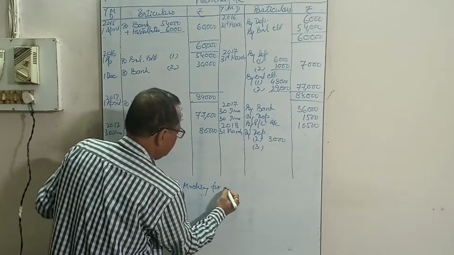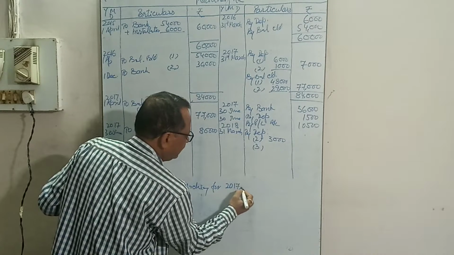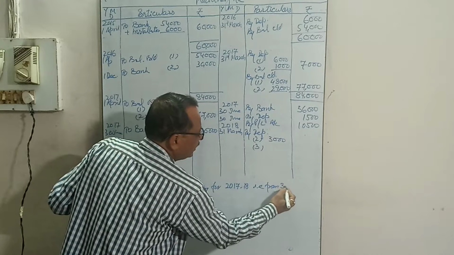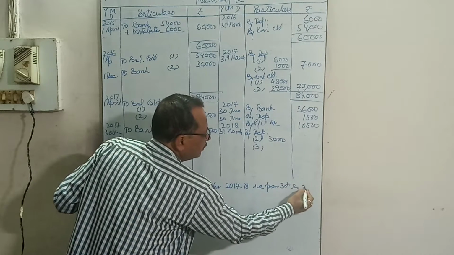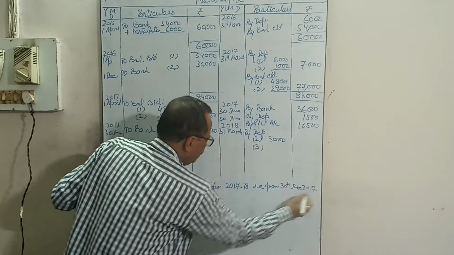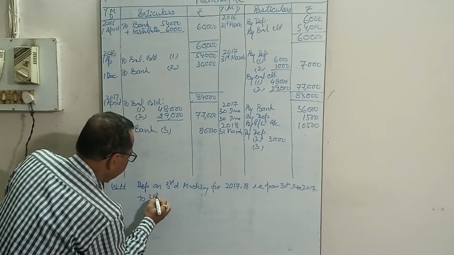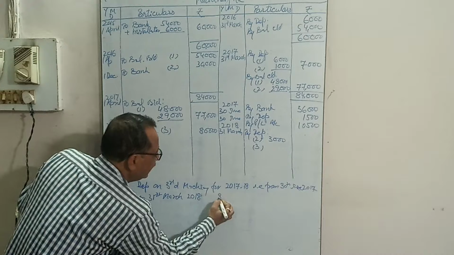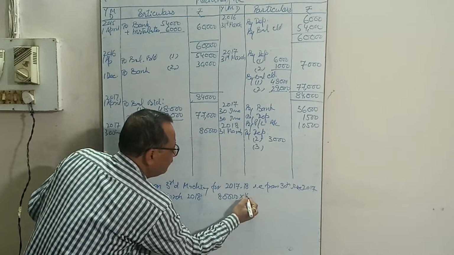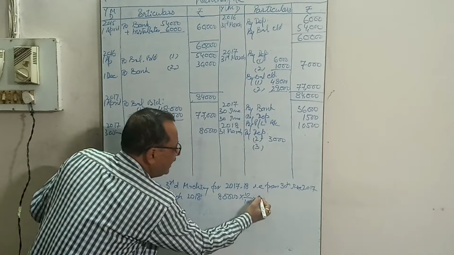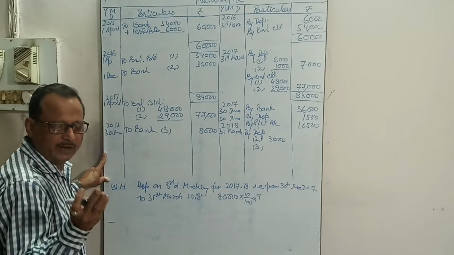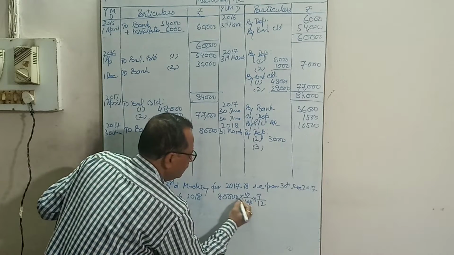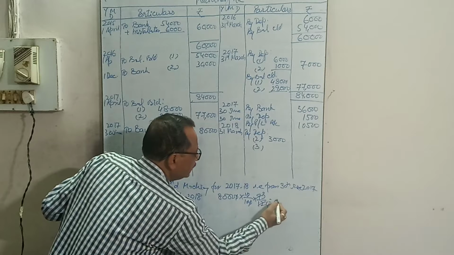for 2017-18, that is from 30th June 2017 to 31st March 2018, 80,000 at the rate of 10% per annum for 9 months. 30th June, July, August, September to 31st March, 9 months. 6,000 rupees.